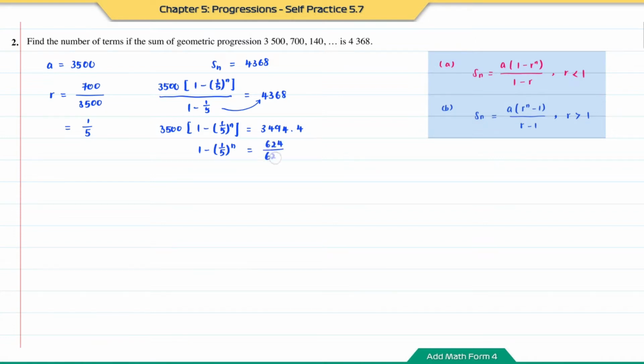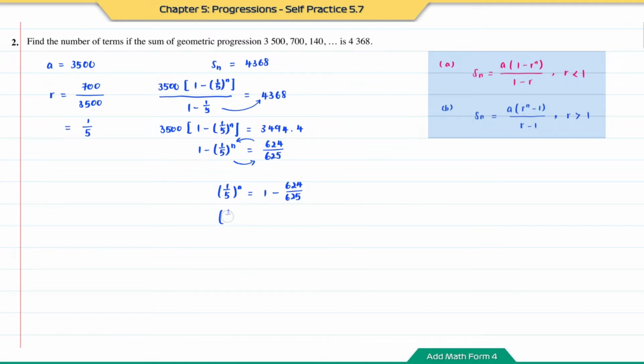the answer will be 624 over 625. Next, I'm going to move this negative 1 over 5 to the power of n to the right hand side so that I will get a positive, and 624 over 625 to the left hand side. Therefore, I can write this as positive 1 over 5 to the power of n equal to 1 minus 624 over 625.